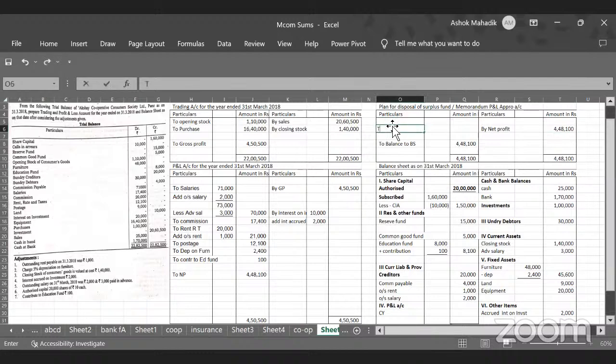So I'll write transfer to reserve fund, 25% of current year's profit. So it will be 448,100 into 0.25. So it is 112,025. Clear?